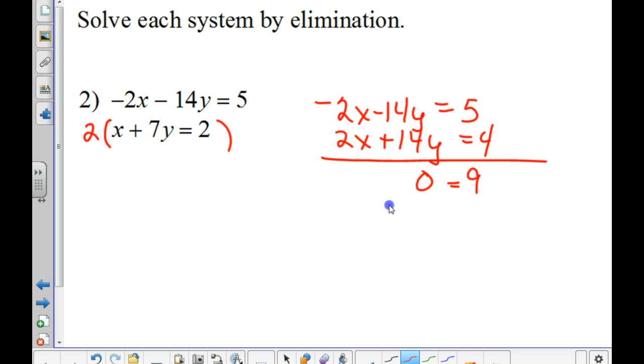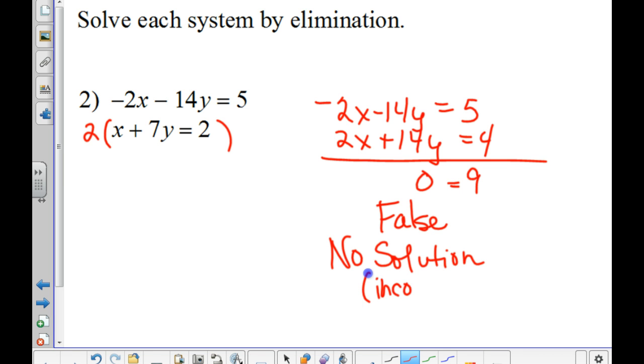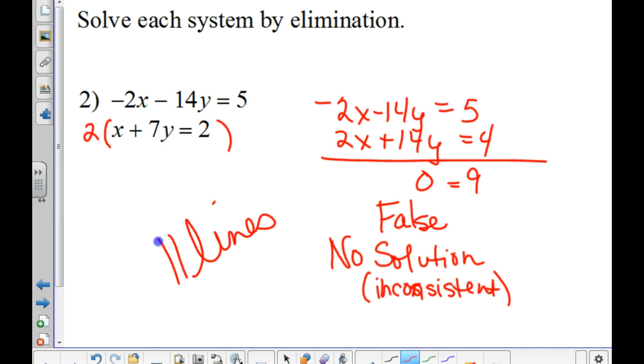Okay? When you get a false statement like that, then it is no solution, which means what? It would be an inconsistent system, and what would the graph look like? Yes, this would be parallel lines. Okay?